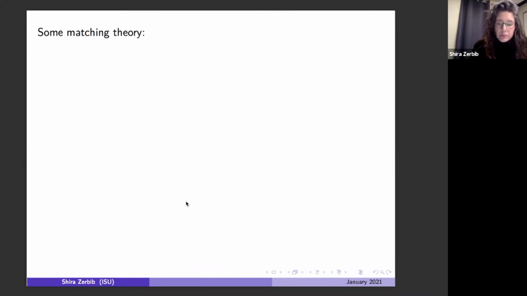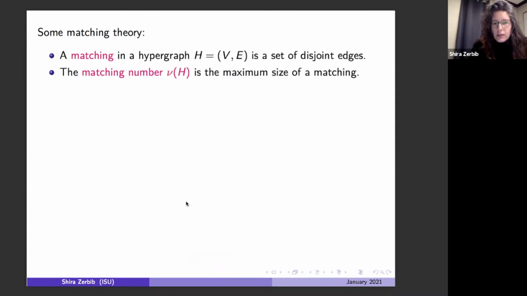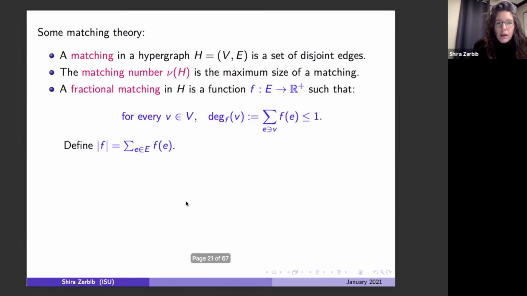A matching in a hypergraph H is a set of pairwise disjoint edges. We denote by nu of H the matching number of H, which is the maximum size of a matching. A fractional matching is a fractional generalization of the matching concept. It's a function from the edge set to non-negative numbers, such that the sum of the weights of the edges containing any vertex is not more than 1.